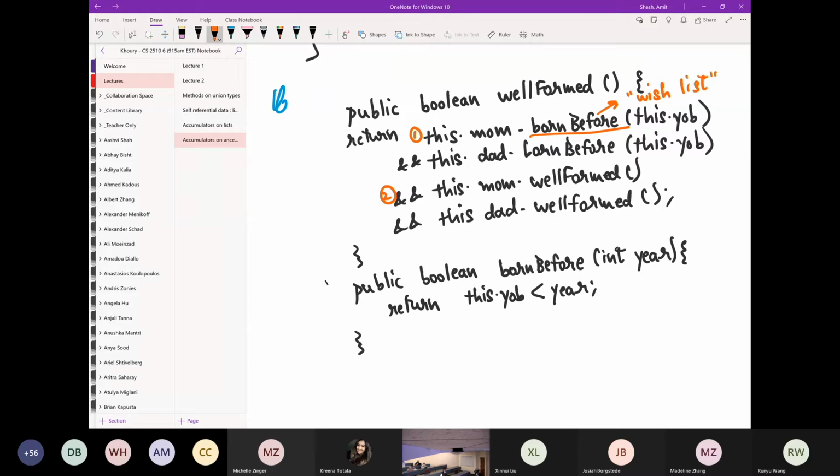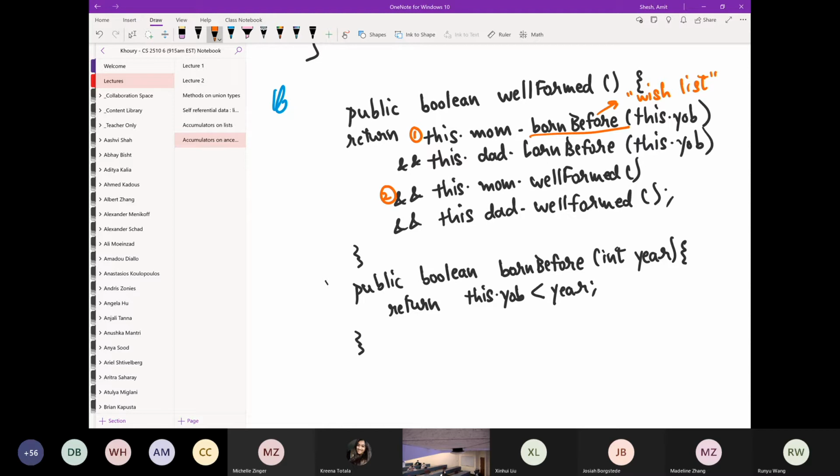And so instead of sitting here and saying, I want to check if my mom is born before me, I'm flipping the question and instead saying, my mom asks, am I born before my child? If only the mom had access to the year of birth of the child. Does everybody get that? I'm trying to answer both of these questions, but from the mom's perspective.